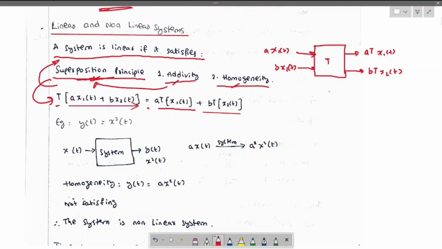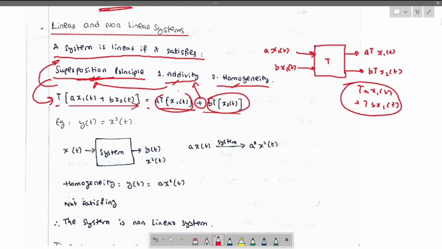Or you can write it like this also: T of a x1 of t plus T of b x2 of t. Only this should come. When this happens, it is known as the superposition principle. What is additivity? This is additivity. What is homogeneity? This is the homogeneity, like the a and b scaling.